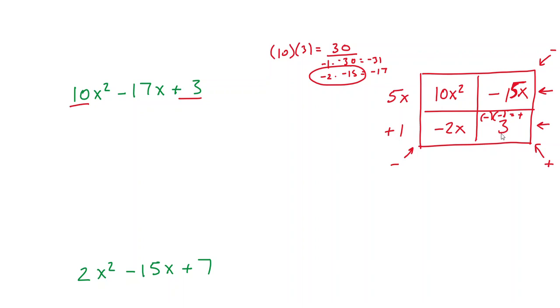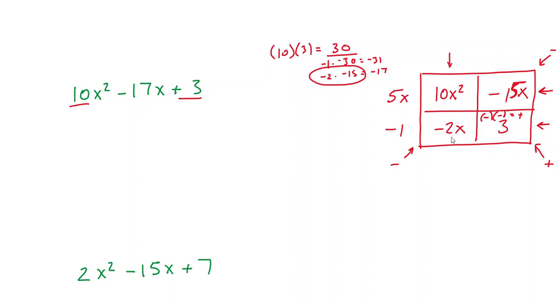That 3 is made up of 2 negatives multiplied together to make it positive 3. So when the two diagonals, the two middle terms, are both negative, then these are going to be minuses instead of pluses. You'll see, I think you'll see in just a minute. We'll check this one for sure.